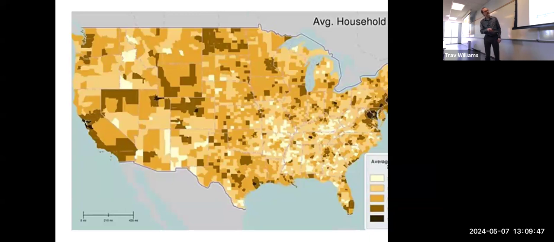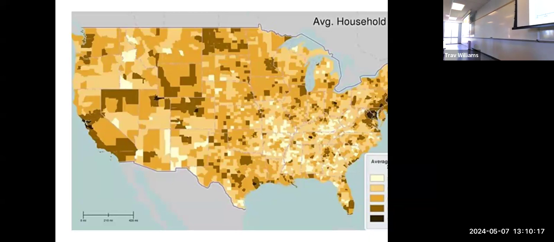You could see other areas of the country, there aren't that many that have this really dark, high average net worth, right? There are a few pockets here and there, but mostly it's New York area, San Francisco area. That's where most of the money is. And then a lot of light areas here, right, in the more rural parts, which is really not surprising. It's kind of what you would suspect.